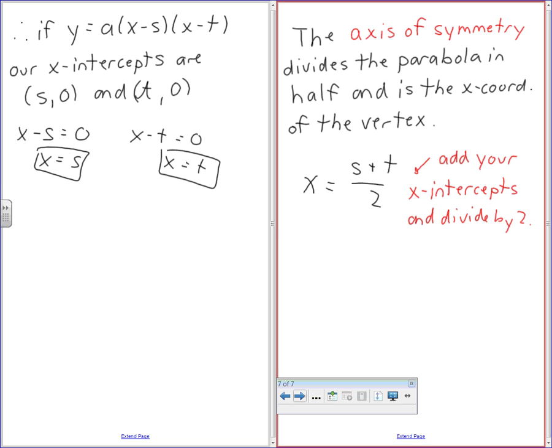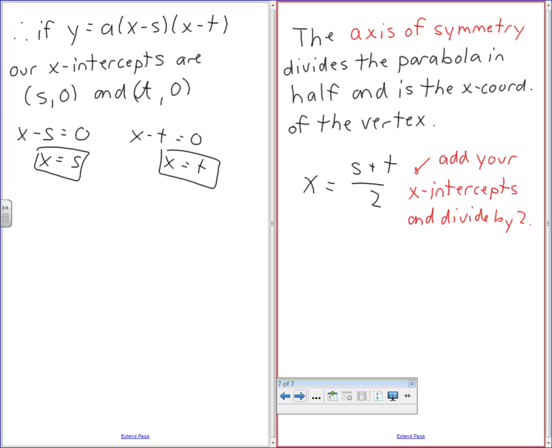Here we go, example 2. We'll go through how to find all this stuff right now, which is an example.